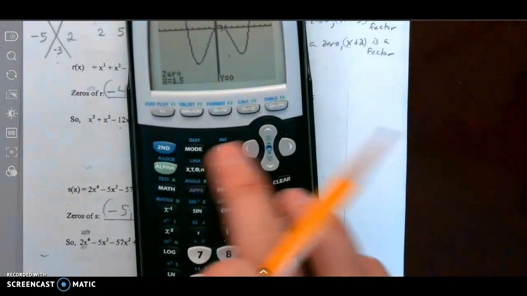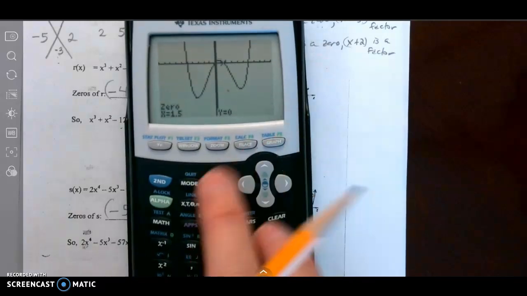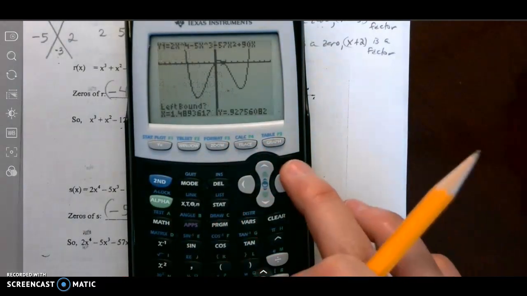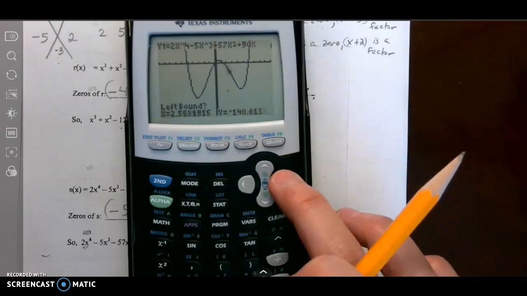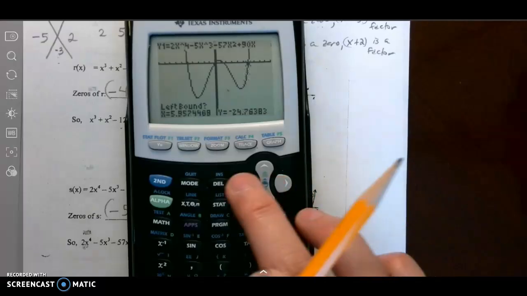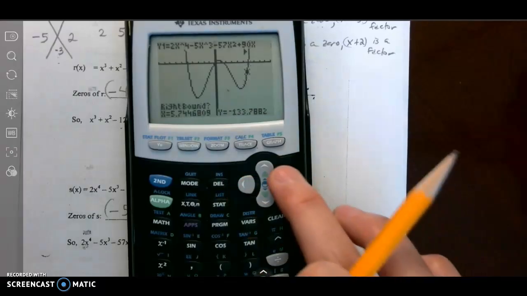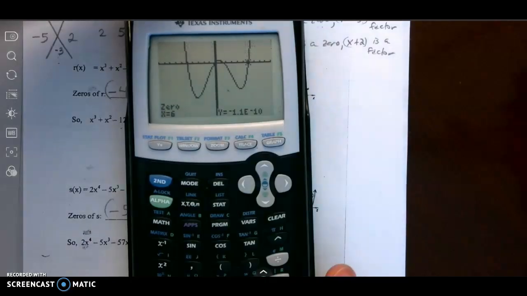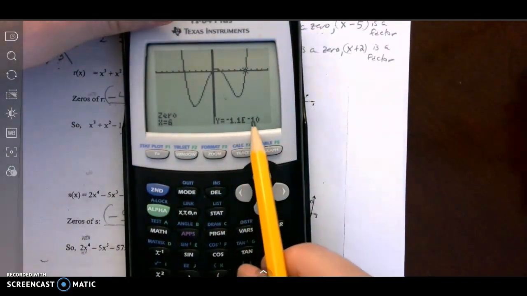Let's find this last factor. Second trace, 0. And I want to be left and below, right and above, and I get 6. This just means 0.